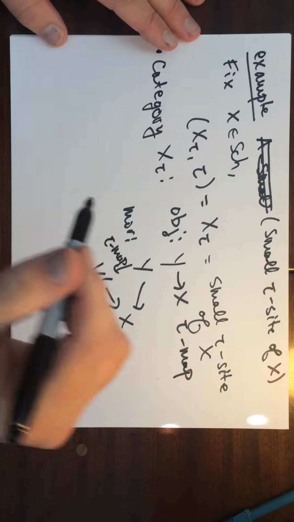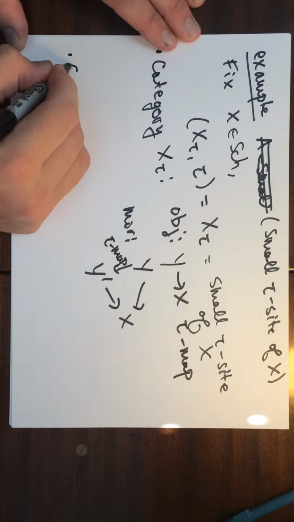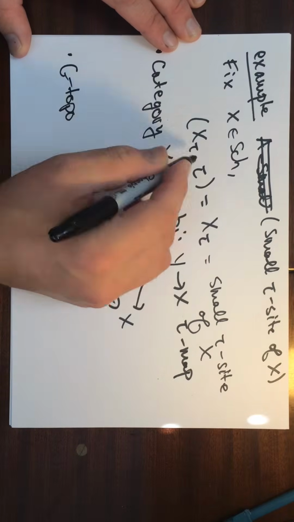Okay, so we have the objects and we have the morphisms, and now to give this the Grothendieck topology, I need to tell you what the tau coverings are.